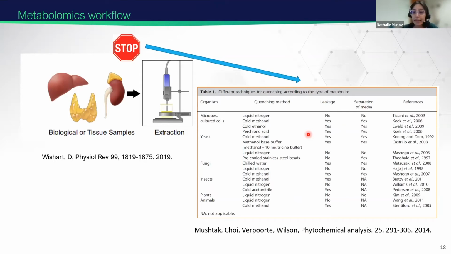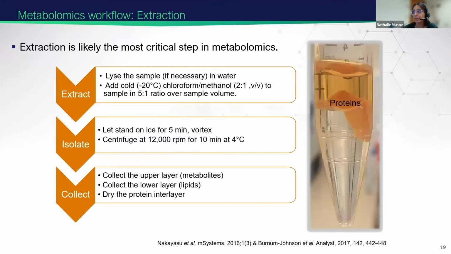And there are many articles comparing quenching methods in different biological systems. So it's always a good idea to start checking those before you perform your experiment. Once the samples are quenched and safely stored, usually at -20 or -80, we proceed to the sample extraction.